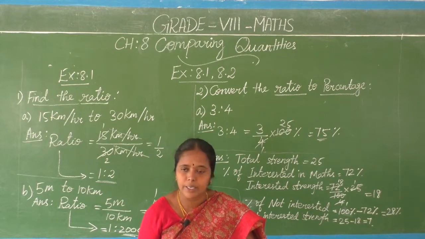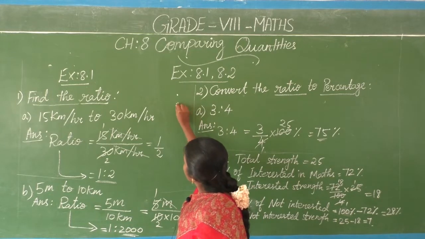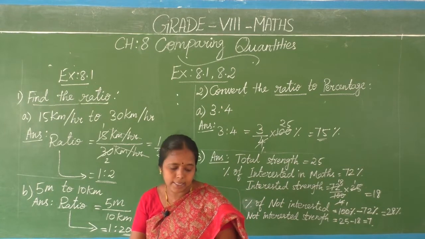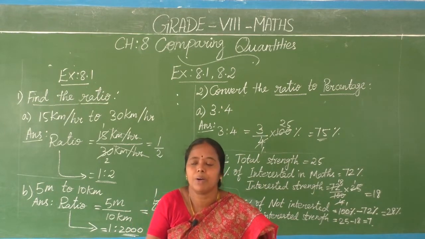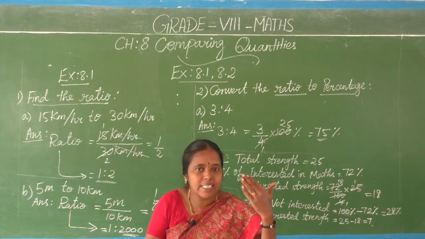Ratio symbol is like this. It has no unit. It can be expressed in the simplest form. All this you have seen in the last year.